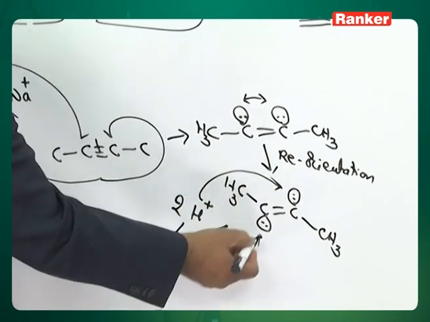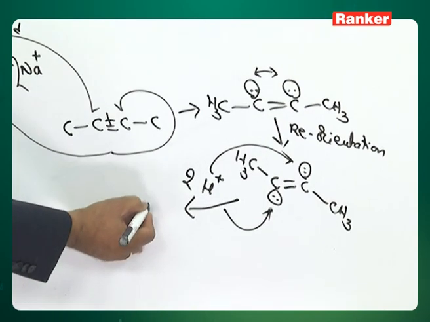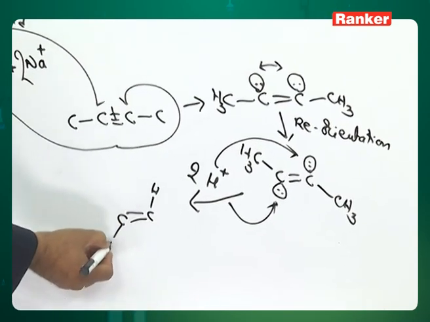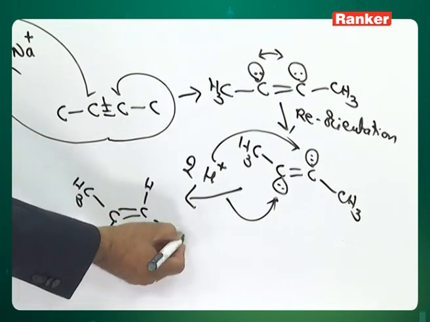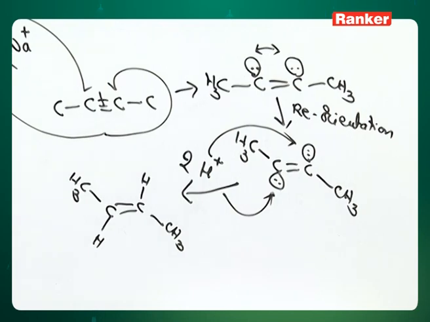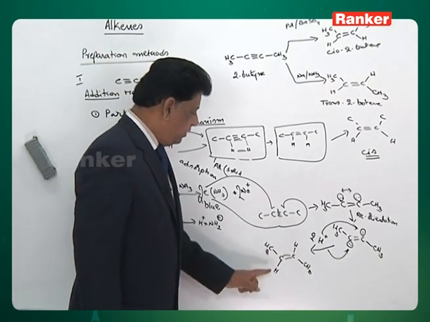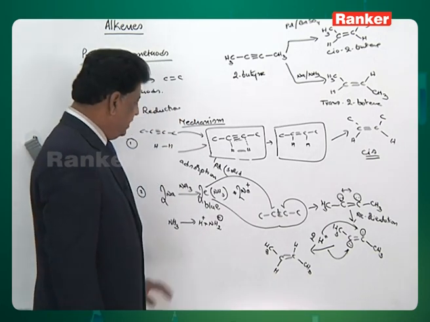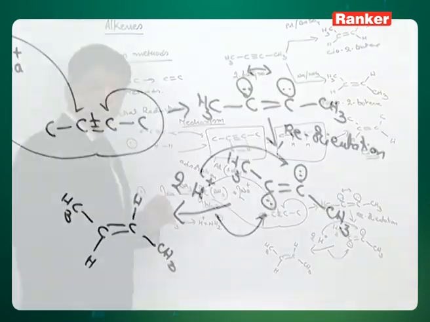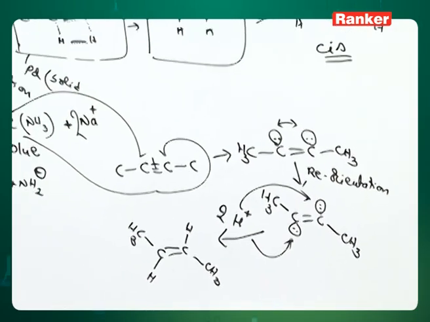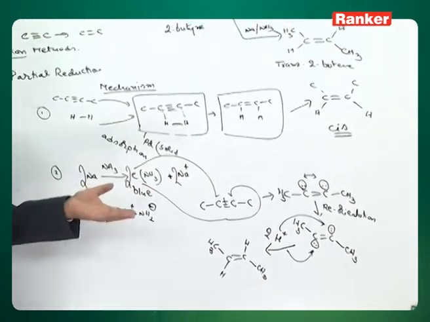So 2 protons are added, one on each side, and the compound now has 2 hydrogens, one on the right side and one on the left side. When you compare the positions, the 2 methyls are occupying opposite positions, and the hydrogens are occupying opposite positions. In the first method, what we added is the whole molecule; that is called molecular addition. In this case, we are adding electrons first. Electron addition is, in fact, a reduction.